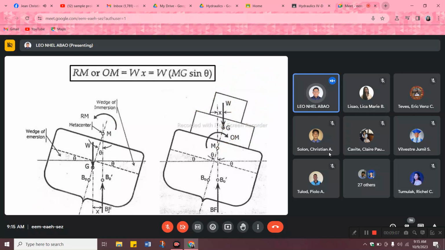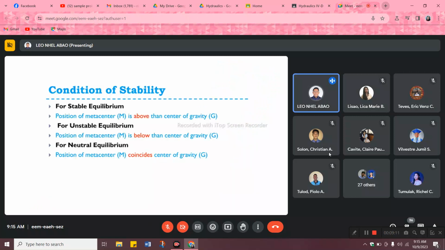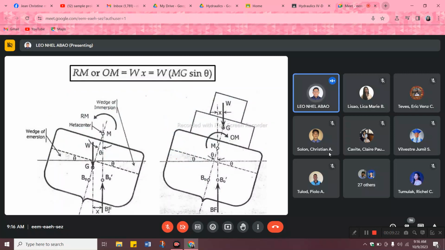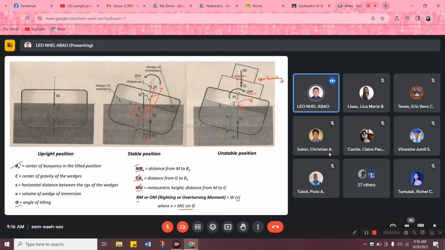Okay, so here are our conditions for stability. First, neutral equilibrium: the position of the metacenter coincides with the center of gravity. In the first figure, if we project, M coincides with the center of gravity.